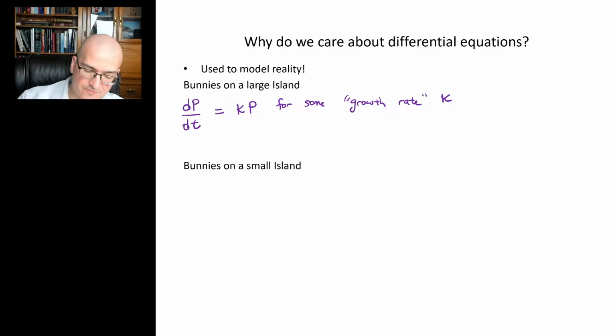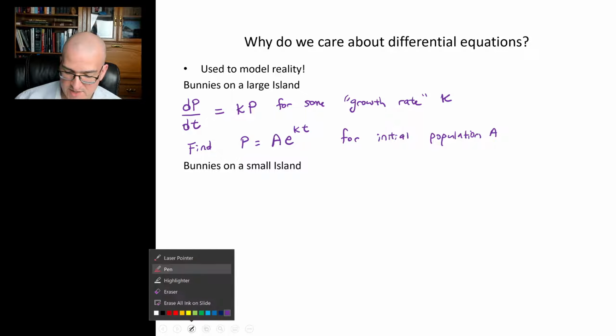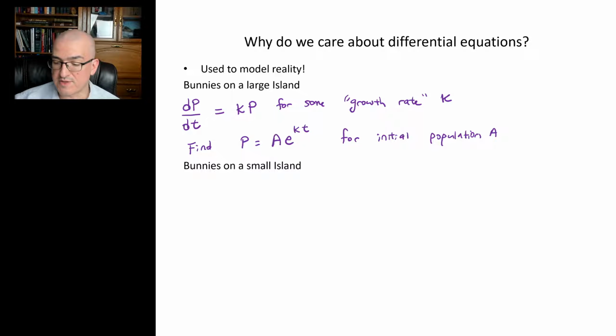What this gives you, we would find that the population is equal to A times e to the kt, for initial population A. And if I draw a quick sketch of that, that's just a positive exponential function, so exponential growth.